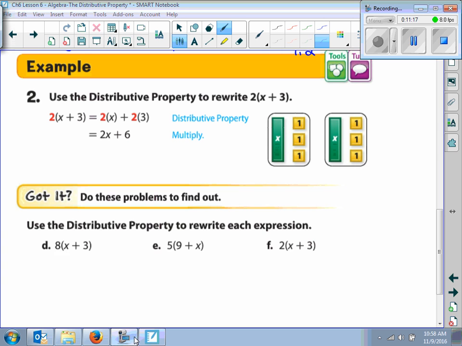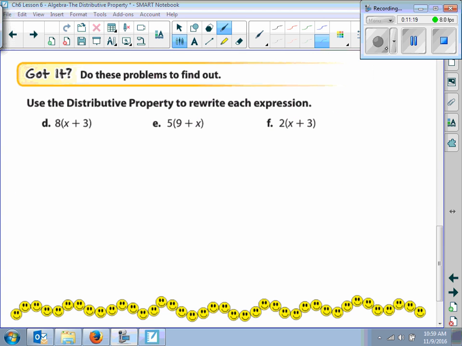All right. So once again, you're going to use the distributive property. Here, you're not going to have to draw pictures like you saw in the example. All you're going to have to do is show the work. So here, write your original problem. 8 times a quantity, x plus 3. Now, we're going to take the number on the outside and multiply it times everything on the inside.